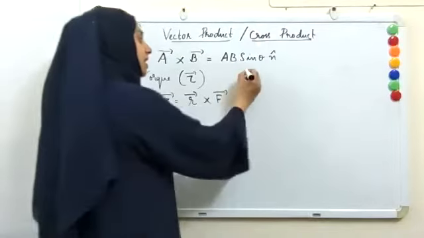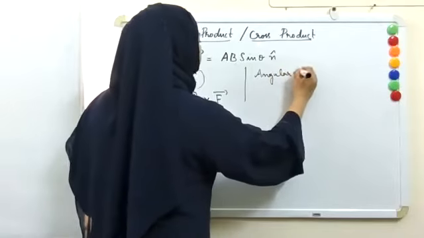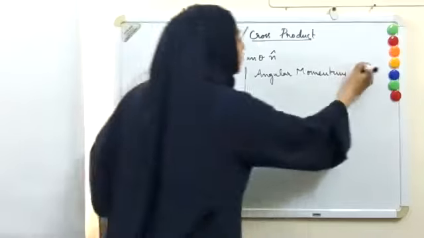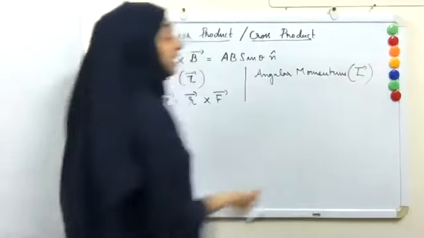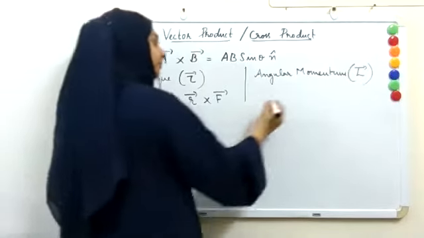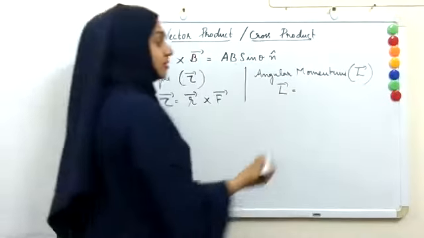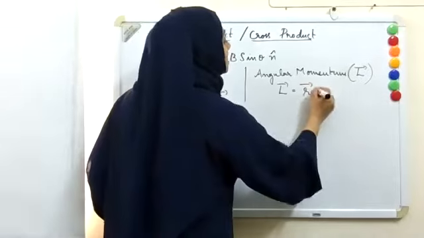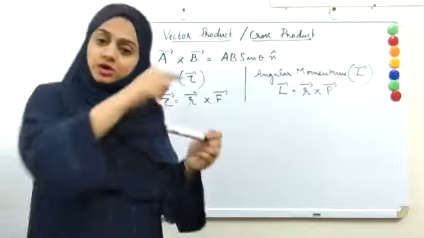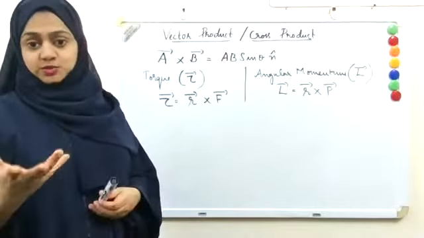Another example, have you learned angular momentum? What is angular momentum? Angular momentum is represented by vector L. Angular momentum L is equal to R cross P, where R is the perpendicular distance or the radius and P is the linear momentum, mass into velocity.